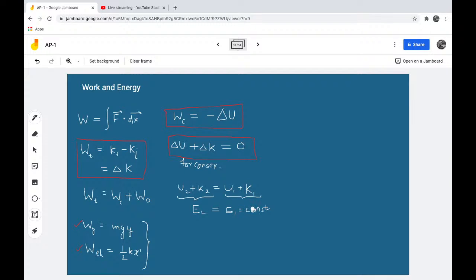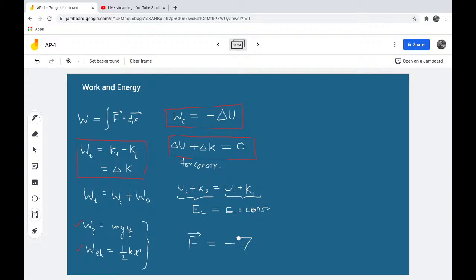So another important thing that you have studied when you covered these topics was that the forces were derivable from a potential. If you have a force F, then the force F is simply derived from a potential.